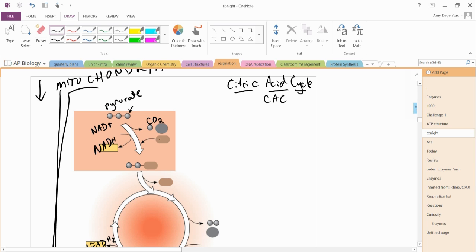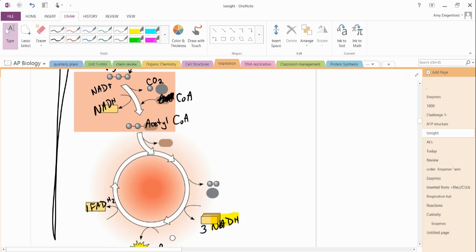And then this is another boost of potential energy. There's this coenzyme A, and we're going to attach it to this acetyl group. So we end up getting acetyl-CoA. And this is a boost of potential energy. And you want to almost think of it as like a little kick to get into the Krebs cycle.